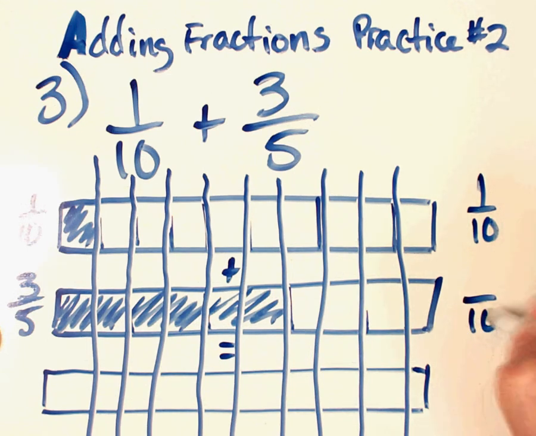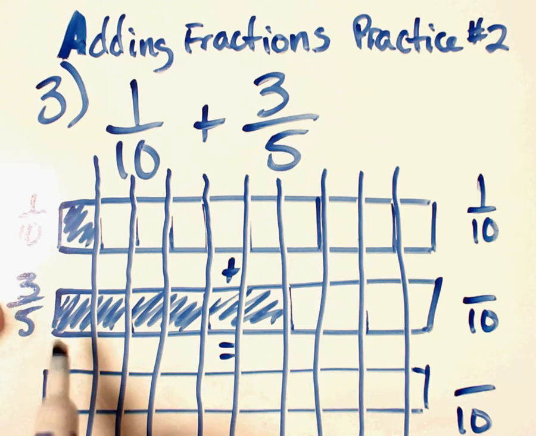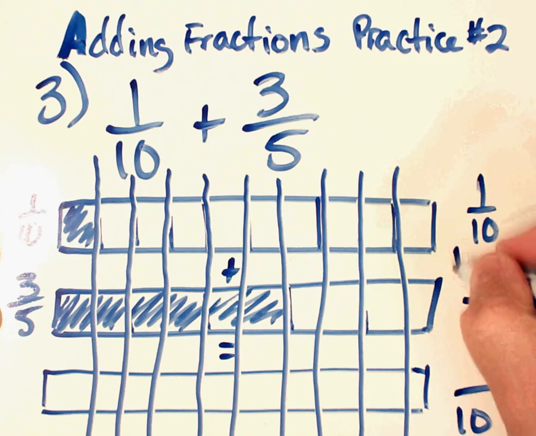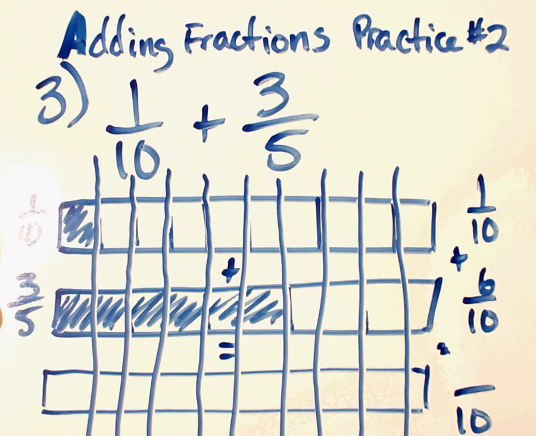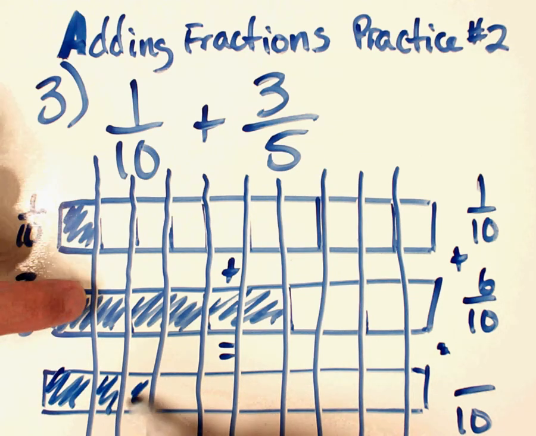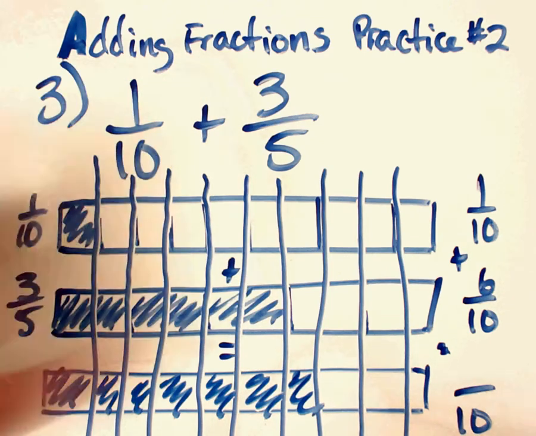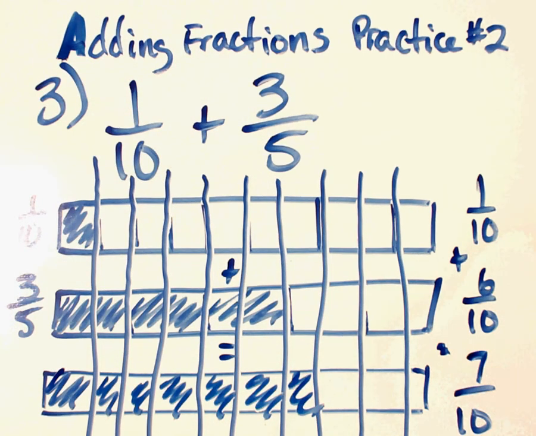So because my answer is going to be in tenths, my 3/5 here is no longer 3/5. It's got 10 pieces, so that's my denominator, and 1, 2, 3, 4, 5, 6 of those are shaded in. So I've got 1, 2, 3, 4, 5, 6, 7 tenths is my answer.